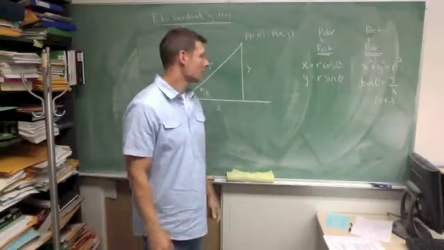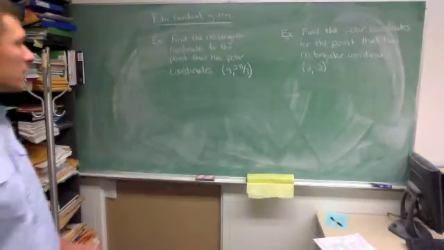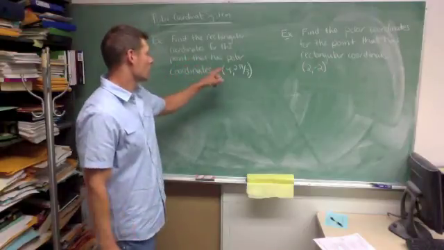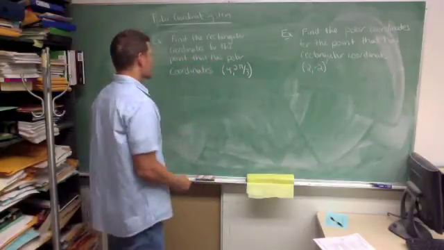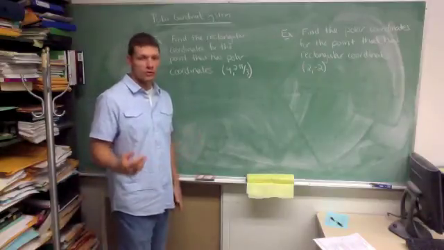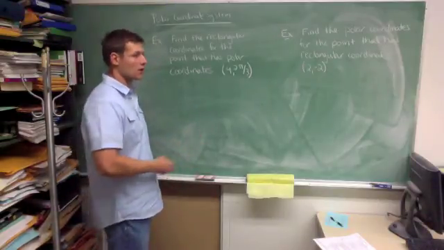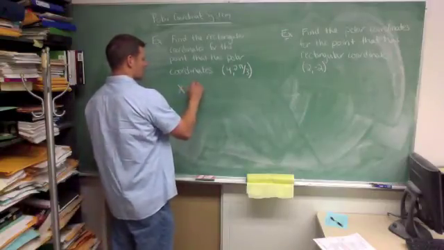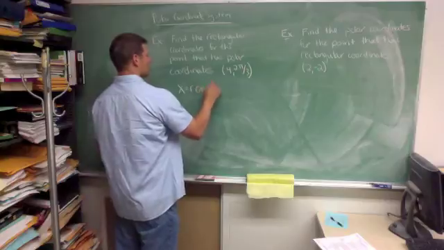And let's look at some examples. Let's find the rectangular coordinates for the point that has polar coordinates 4, 2 pi over 3. So we're given polar coordinates, we want to find rectangular coordinates. We use our simple formula: x equals r cosine theta, y equals r sine theta. So x equals r cosine theta.